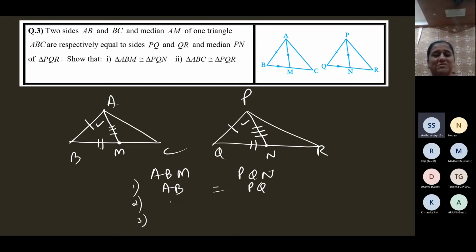No, it's not given. BM is equal to QN is not given. BC is equal to QR is given. I told you while marking. We can see in the question, BC is only equal to QR. Ma'am, AM is equal to PN. Correct. AM is equal to PN is correct.